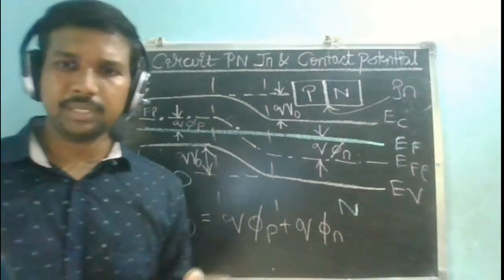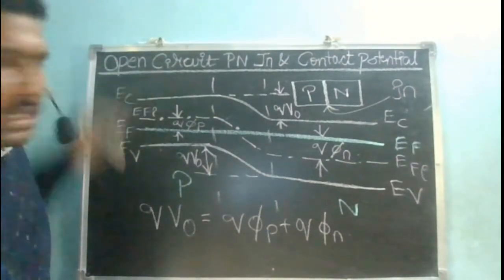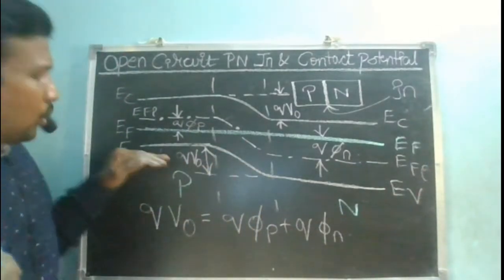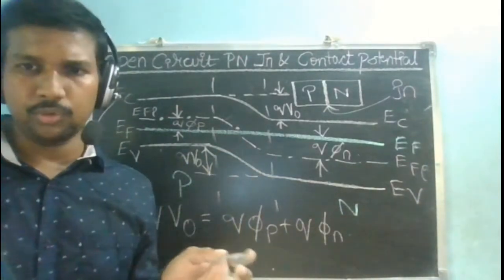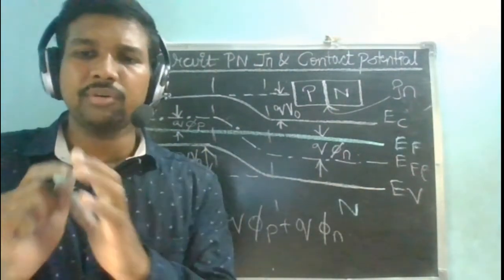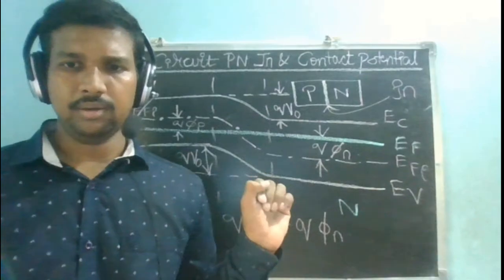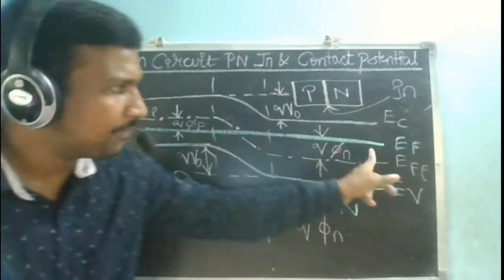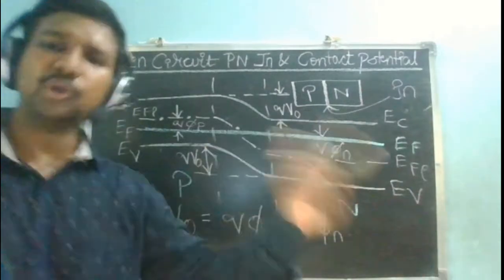What is EF representing? If my EF is close to EC, the concentration of electrons is more. If my EF is close to EV, the concentration of holes is more. EFi belongs to an intrinsic semiconductor when you have not yet done any doping. EF is something resulting after doping.